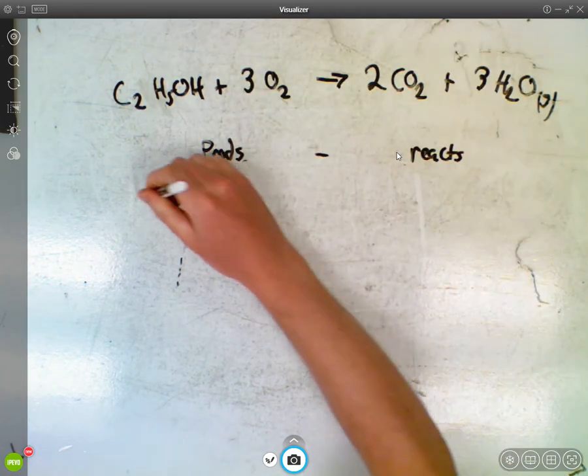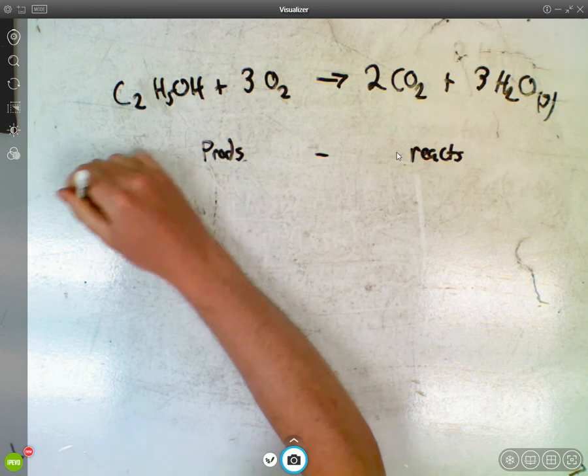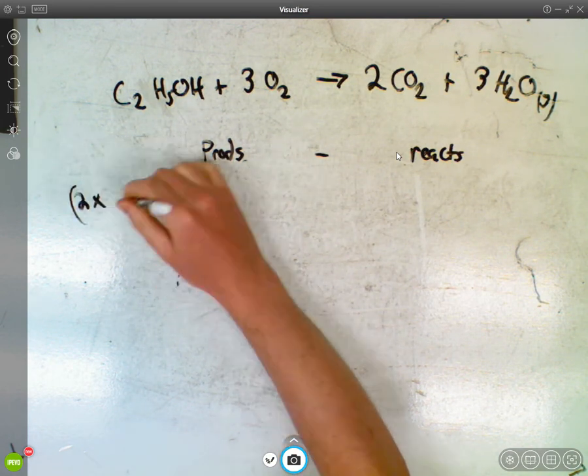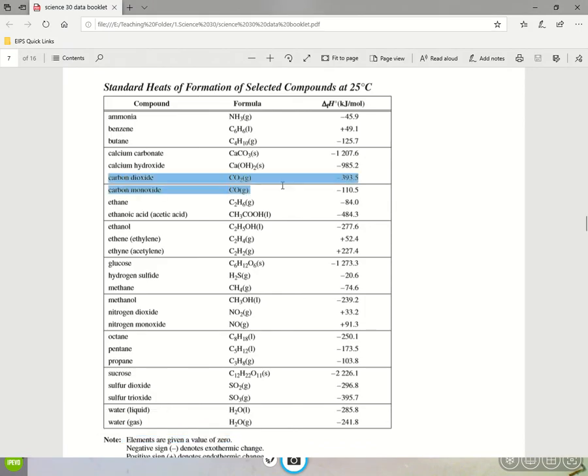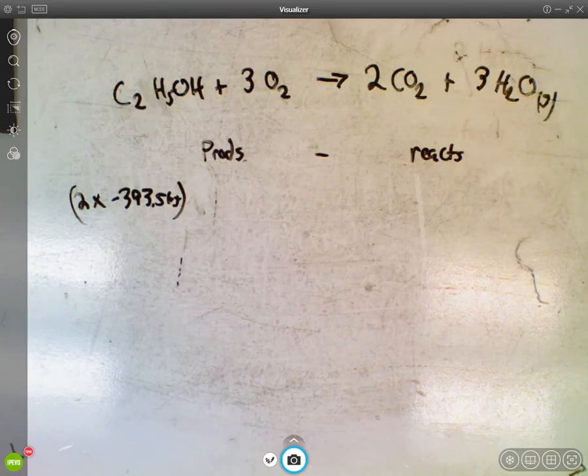Okay, these are my products, these are my reactants. So I have 2 carbon dioxides, so I'm going to go 2 times, and I have to look up that carbon dioxide again. So 2 times negative 393.5. Okay, so I put that in there.